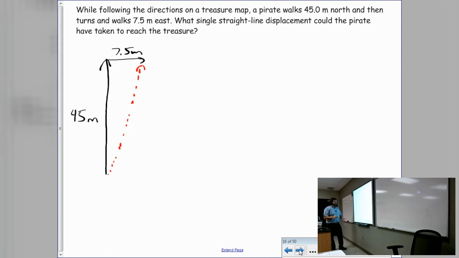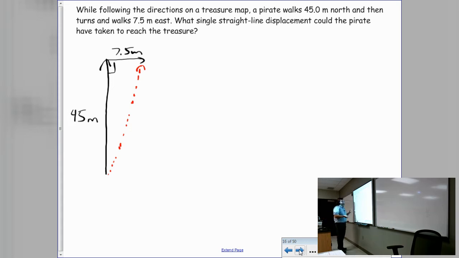Now this example is two-dimensional motion because it moved vertically and then horizontally, but it immediately makes a right triangle, a 90-degree angle, because they went completely north and then completely east. So in which case I can jump right to using trig functions and the Pythagorean theorem to solve it.